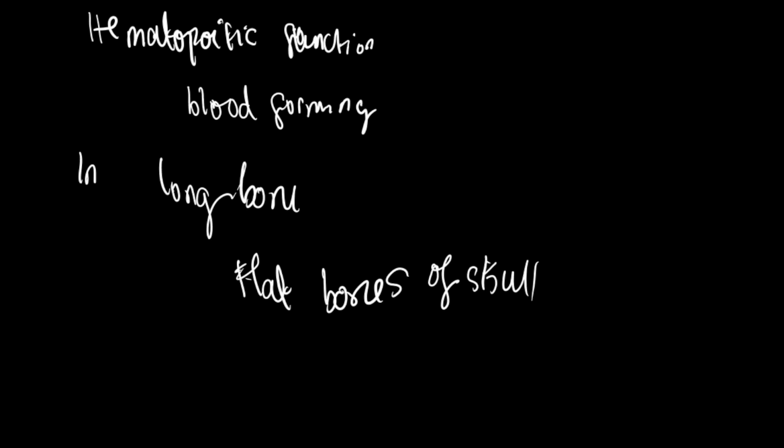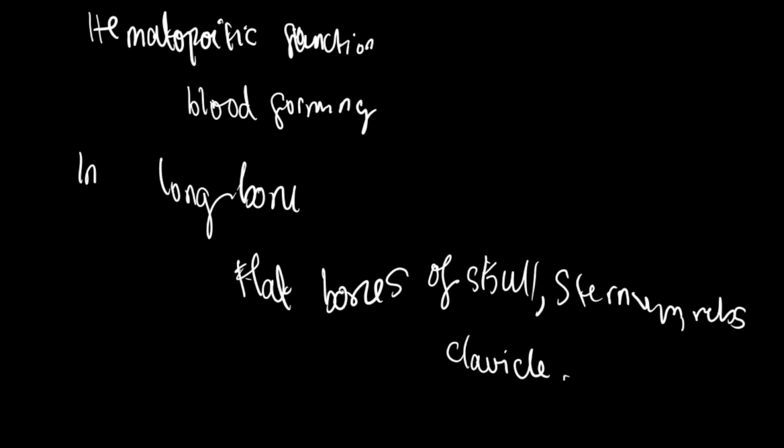Remember that in looking at the structure of the bones of the skull, we saw that we have a thin plate of spongy tissue, as in the structure of flat bones in general, called the diploe. So blood formation takes place in the flat bones of the skull, the sternum, the ribs, the clavicle, the hip bone, as well as in the vertebra.